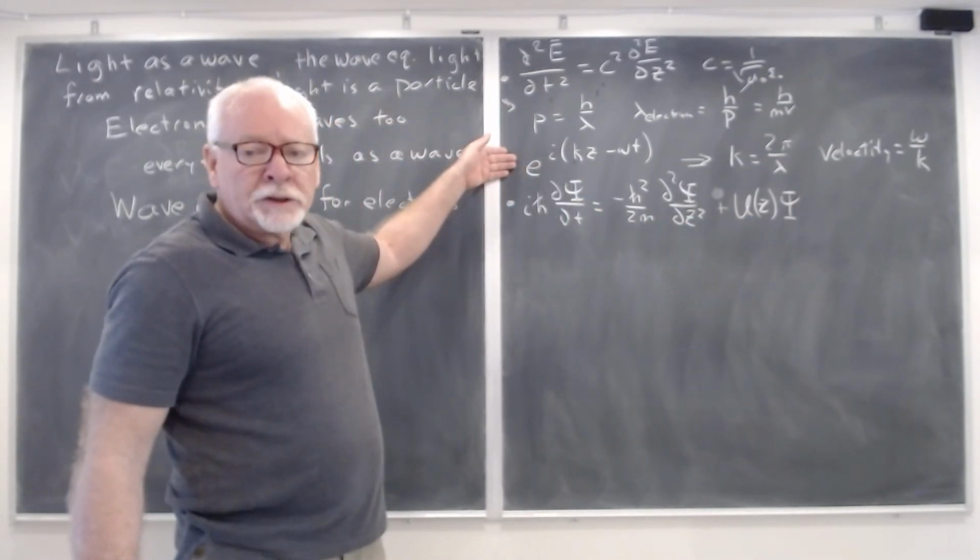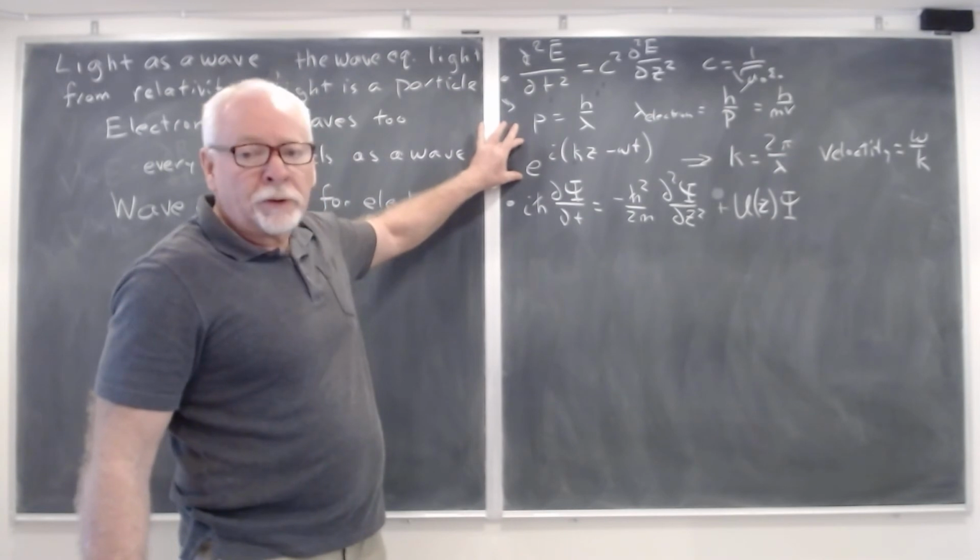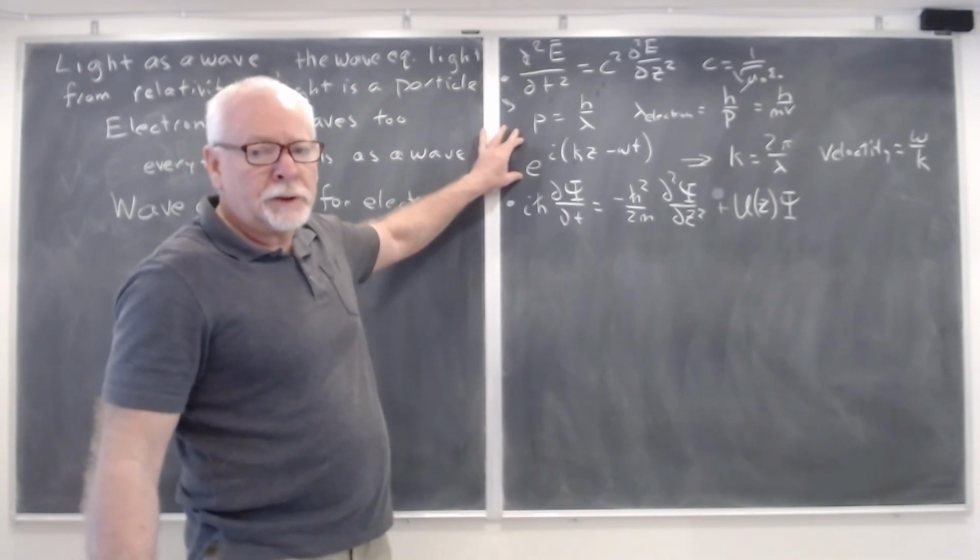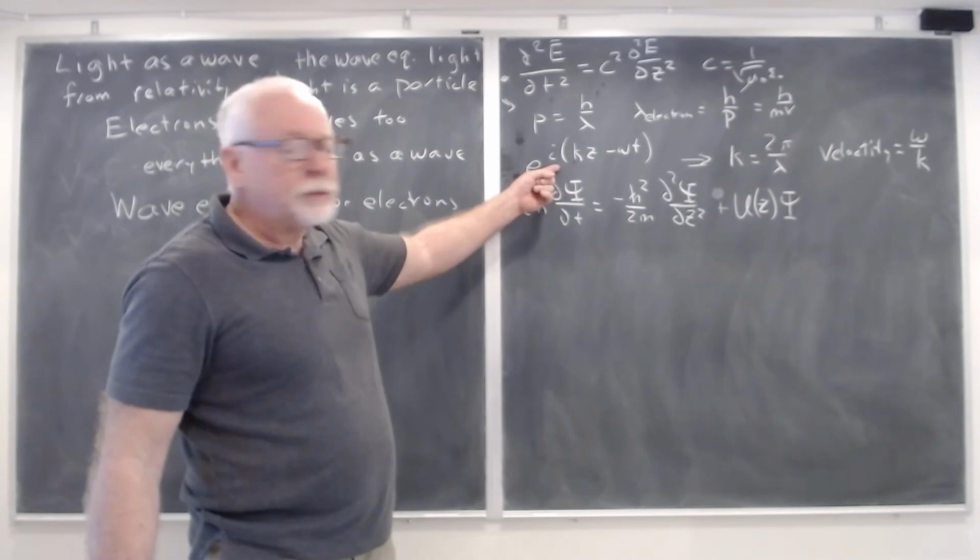In electromagnetic theory, we know to take the real part of this to get the real answer, which is cosine or sine. Here, this is the real answer.